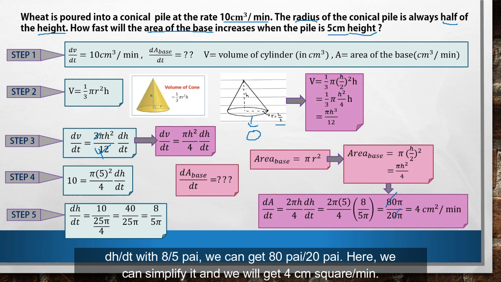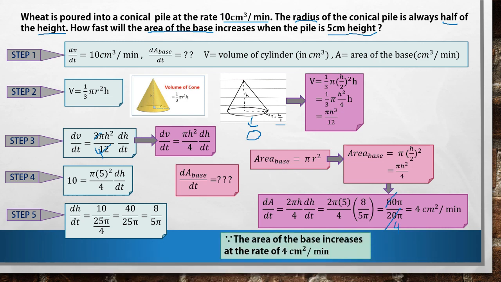And here we can simplify it. And lastly, we can get 4 cm squared per minute. Therefore, the area of the base increases at the rate of 4 cm squared per minute.